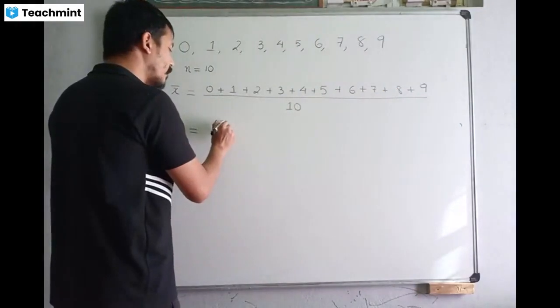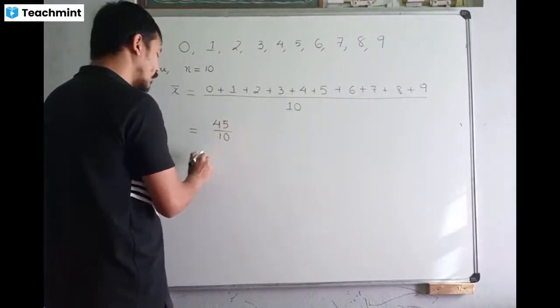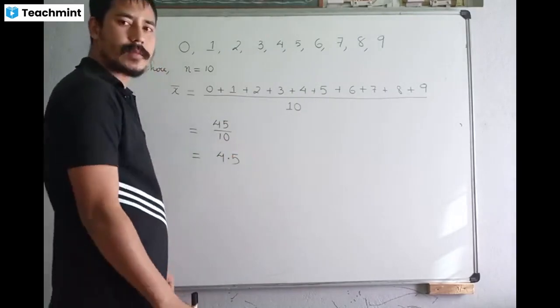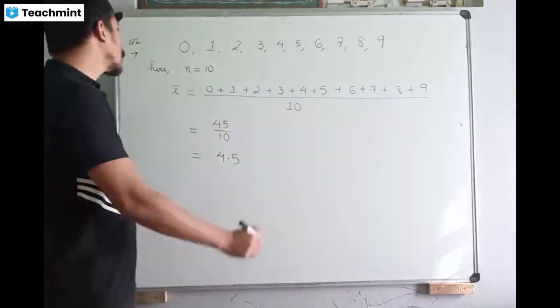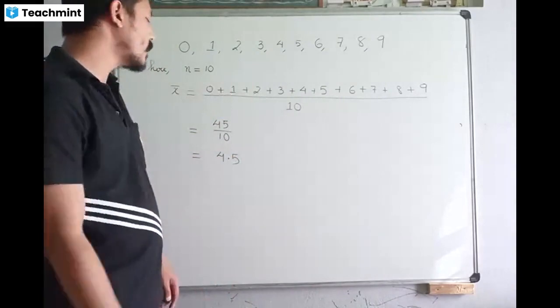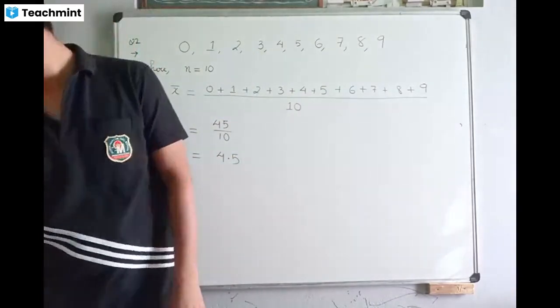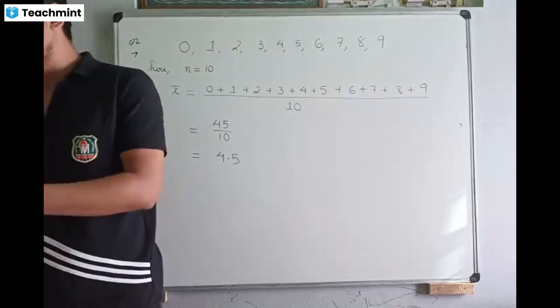So 45 divided by 10 will give you 4.5 as the arithmetic mean. So the arithmetic mean of the first 10 whole numbers is 4.5, which completes your question number 2.